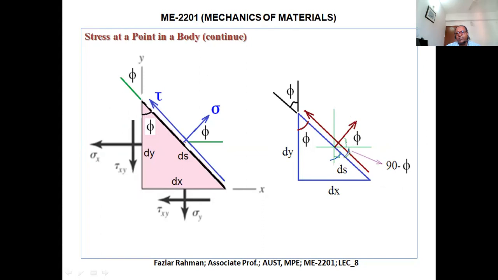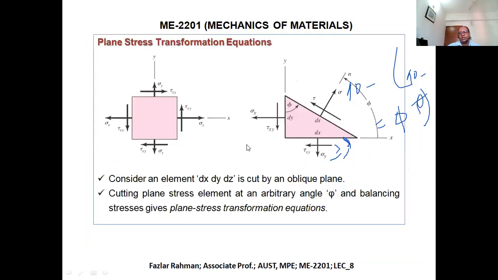So this will be 90 minus phi. Again, these two right over here, this is 90. So 90 minus 90 minus phi, finally you get phi. So this angle is phi. Before, when I told you this, I was wrong. This angle is phi, so you can easily figure it out. Now we will take summation of force along x and y direction.